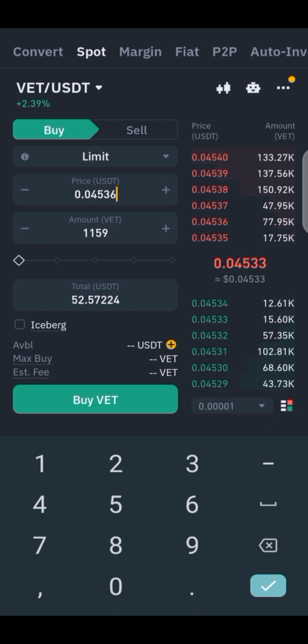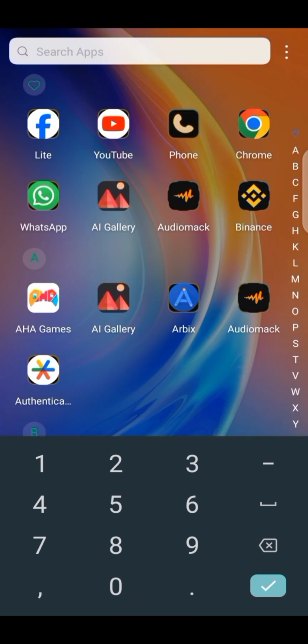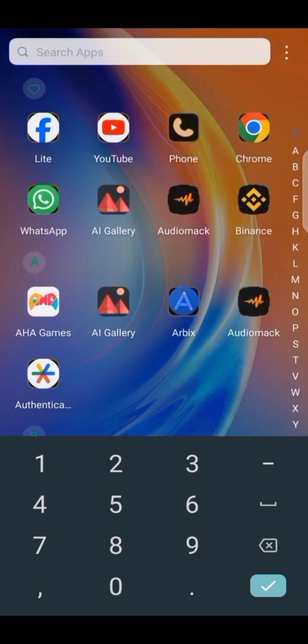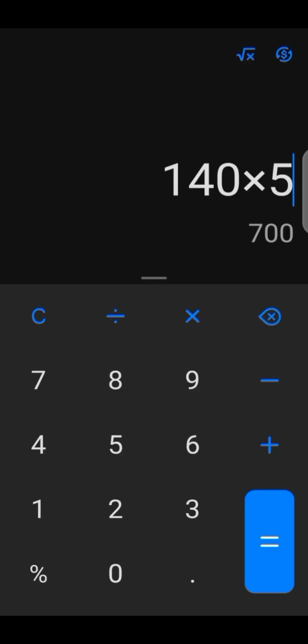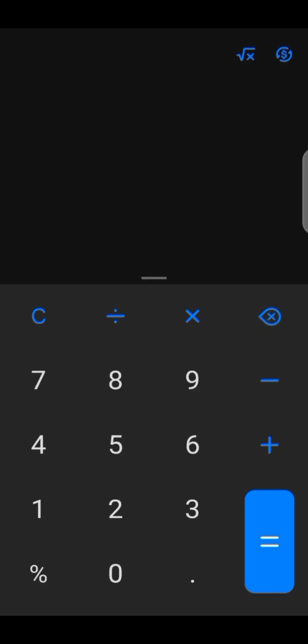So imagine carrying out this trade like 5 times. Let's go to our calculator and see. Imagine you carry out this trade 3 times. The dollar is actually 1,600 and something naira. So let's say 1,650 naira times 4 times, that is 6,600.